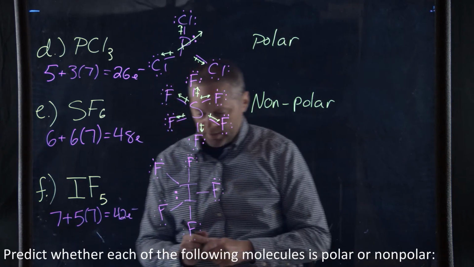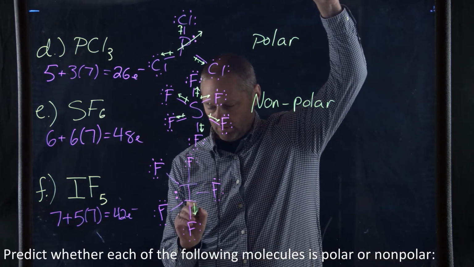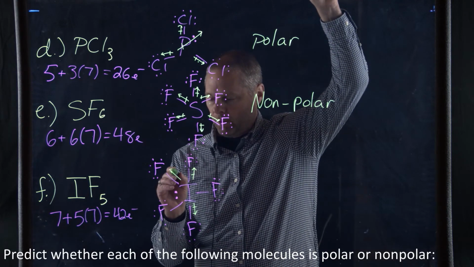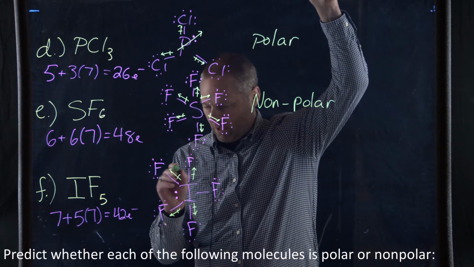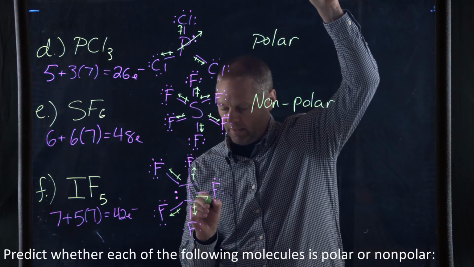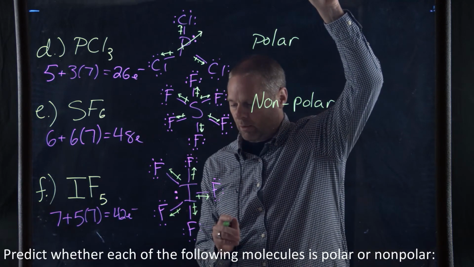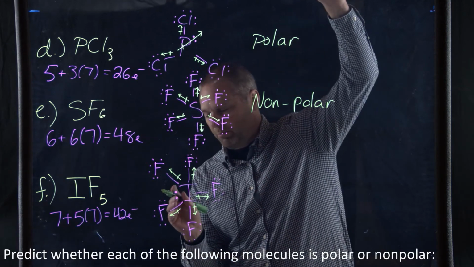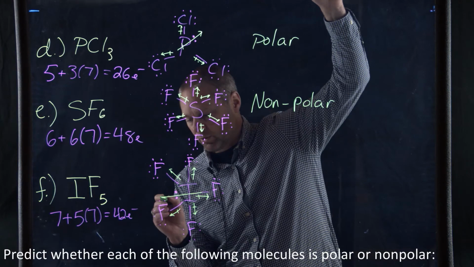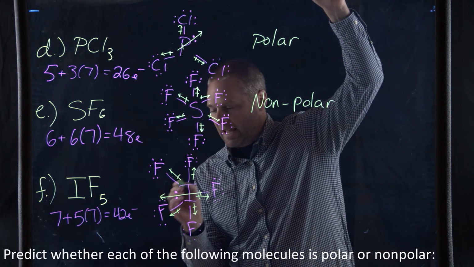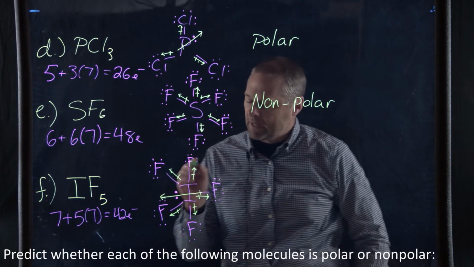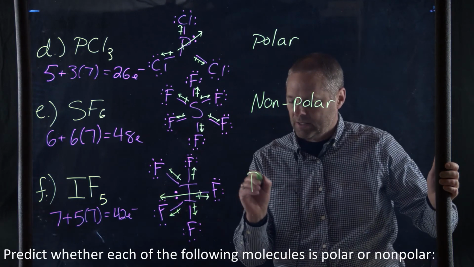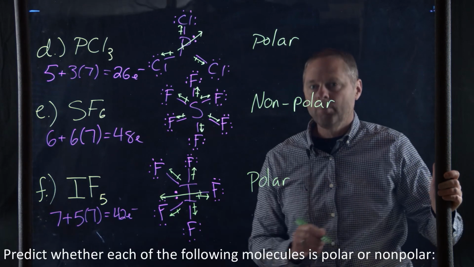And likewise, this will cancel, that will cancel. The vertical portions of those 2 fluorines will cancel, and this fluorine here will cancel the horizontal portion, such that the fluorines in essence cancel themselves, but we have this lone pair of electrons, and so there is going to be a dipole moment in the direction of that lone pair of electrons. Because of that lone pair of electrons causing a dipole moment to occur, this now is going to be a polar molecule.